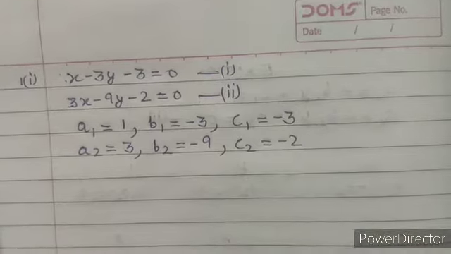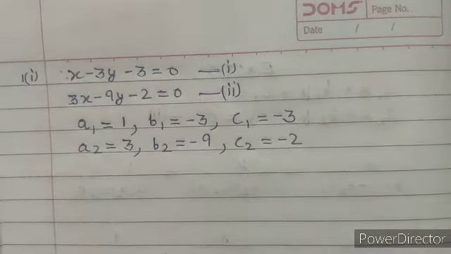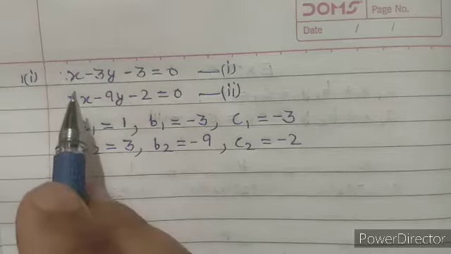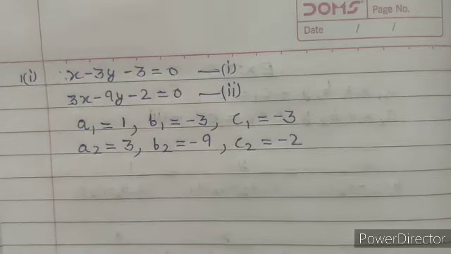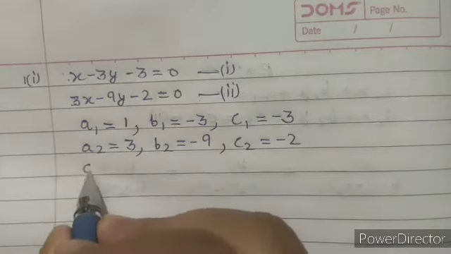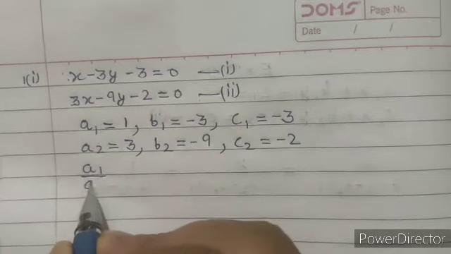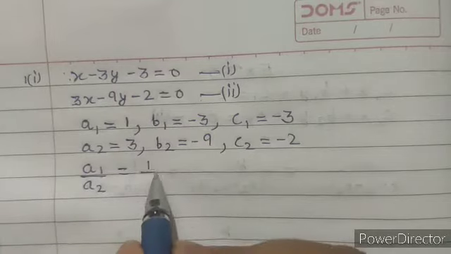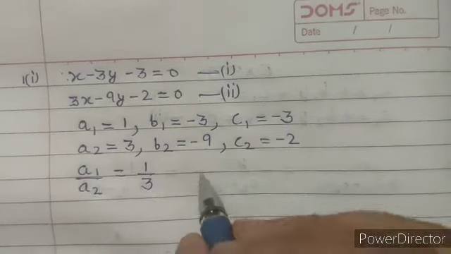Now in order to check whether the given pair of linear equations has a unique solution or not, we will compare the ratios of the coefficients of x, coefficients of y, and constant terms. First of all, the ratio of the coefficients of x in the first and second equations is a1 by a2, and that is equal to 1 by 3.